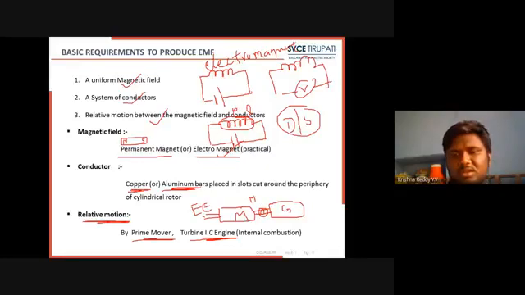This mechanical energy output is given as the input to the generator. Here we are taking the loads. Here we are taking the electrical energy. For the generator, the motor is the driver.